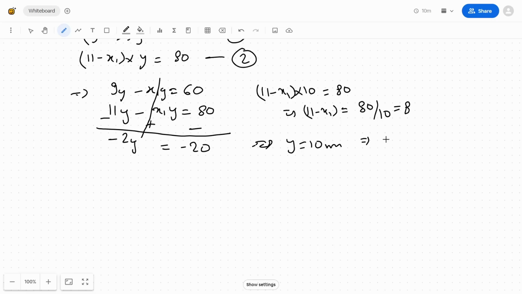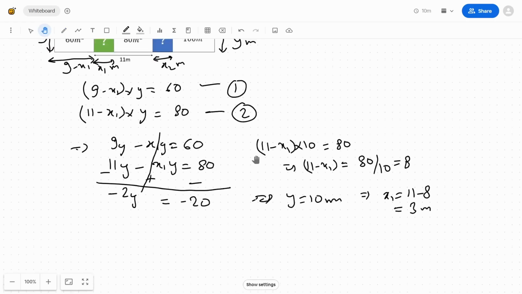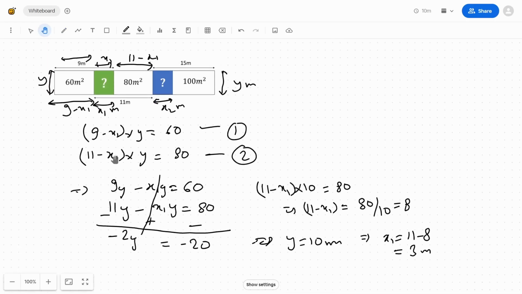Hence x1 will be 11 minus 8 is equal to 3 meter. So this way we obtained the values of x1 and y. Now we have to find the x2 part as well with the similar technique.